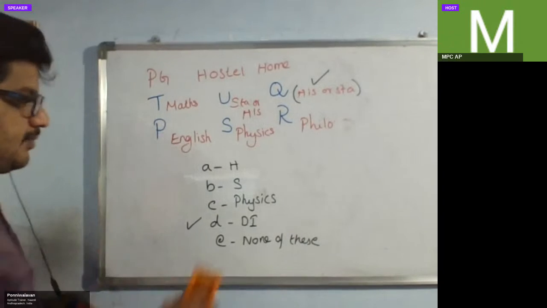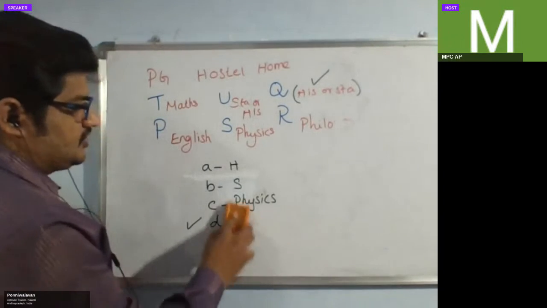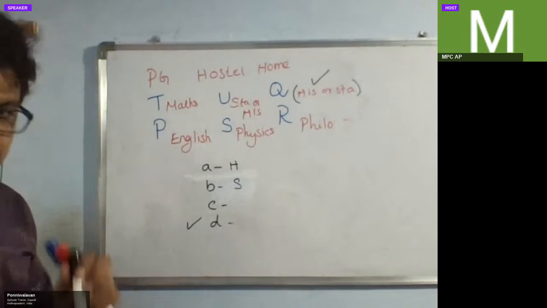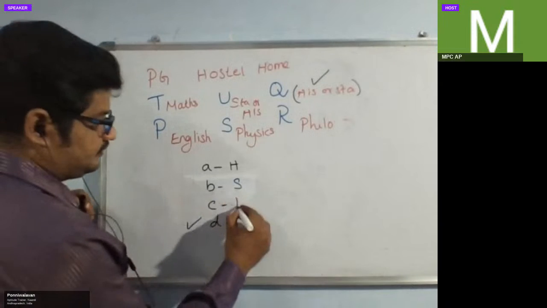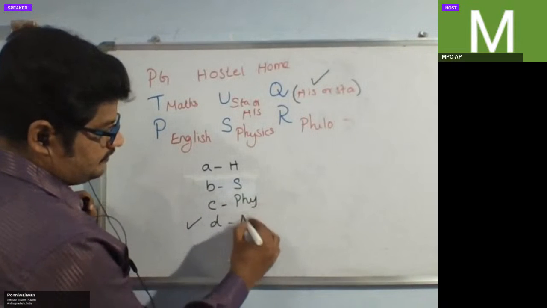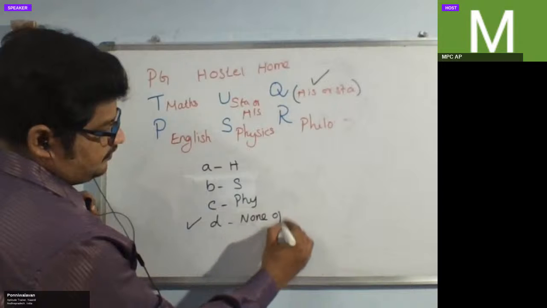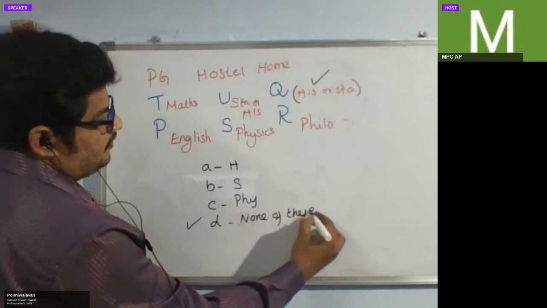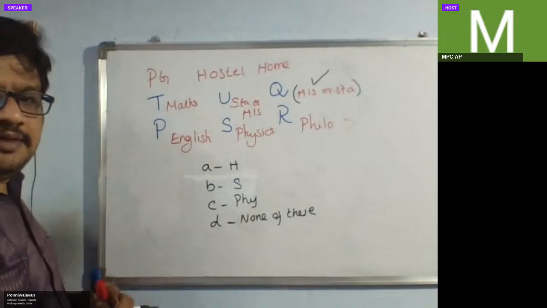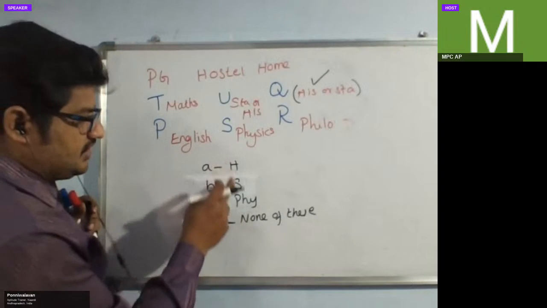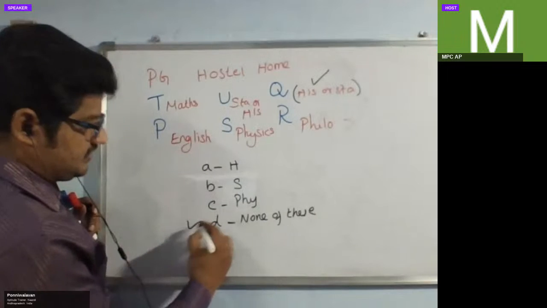Suppose you have options like this: history, statistics, physics, none of this.